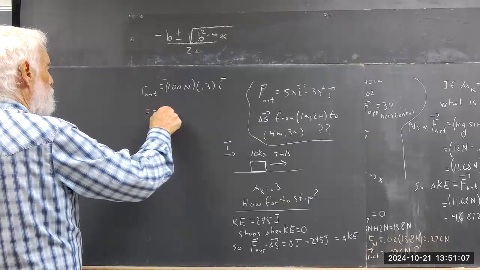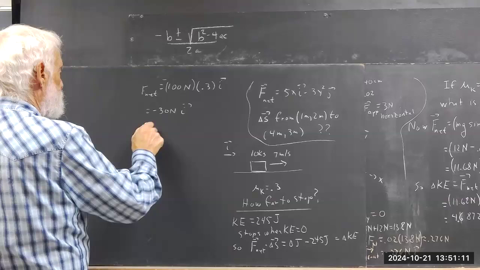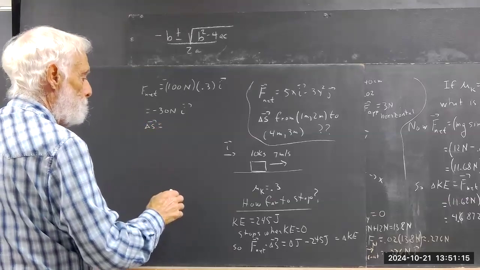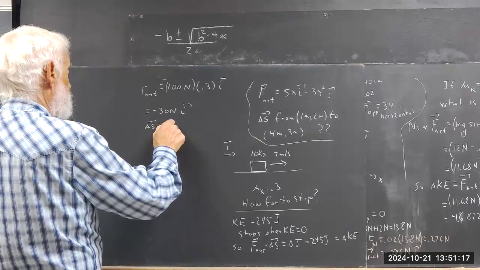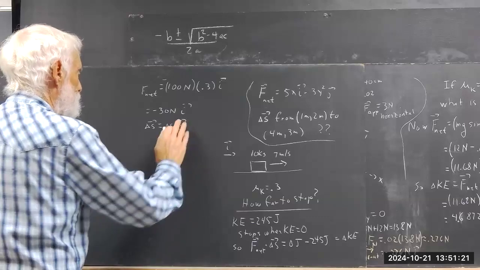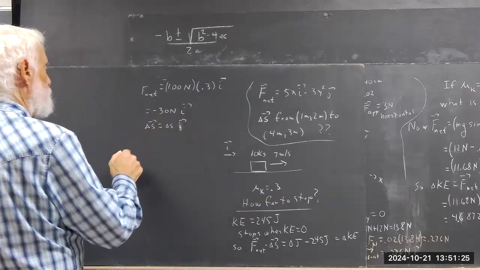So that's negative 30 newtons times I. Delta S equals delta S of those, and I'm going to write big times I.